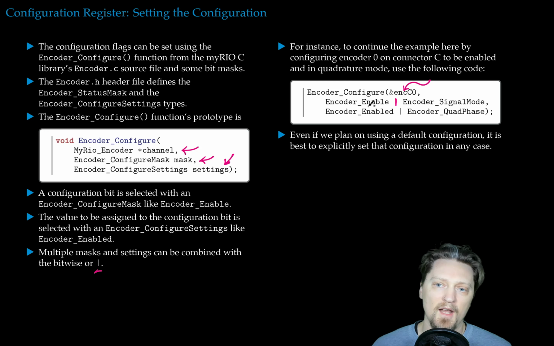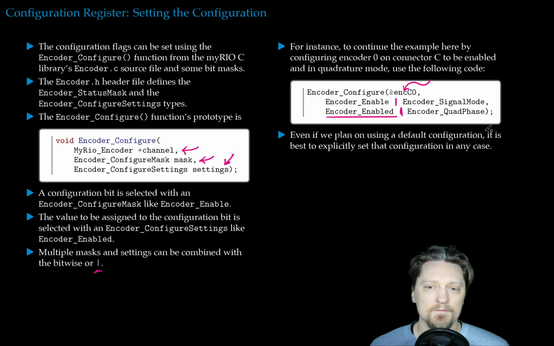We would like to set the enable bit and the signal mode bit. And then finally, the last argument, we want to pass enabled, which says set the enable bit to enabled. And then we also want to set the signal mode bit to encoder quad phase, so the quadrature encoding.